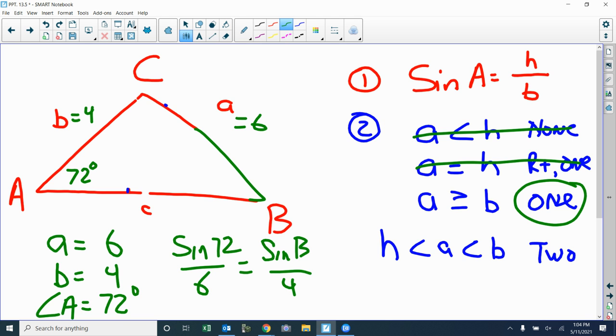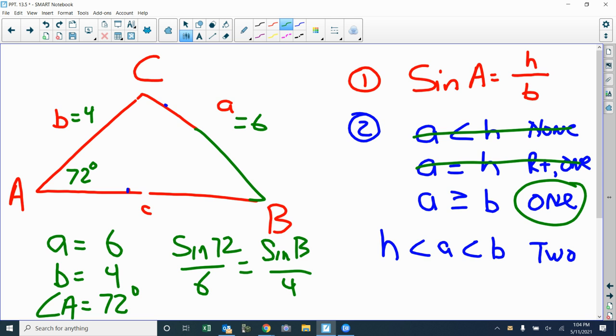You might want to grab your calculators out now. If you need one, I got a couple on the back desk. We're solving for B, my friends. It is sine of 72, hit enter. Times 4, sine of 72 times 4, hit enter.